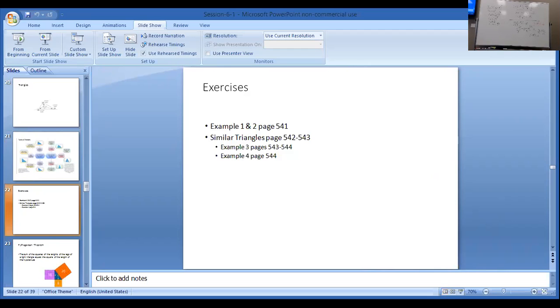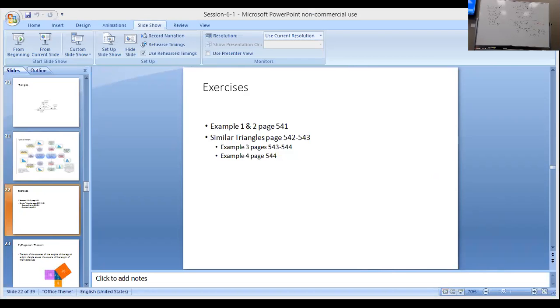These are very helpful. For example, in example number 4, we want to find the height of the lamppost. The guy who's standing in front of it is 6 feet. He's standing 10 feet from the lamppost, and his shadow is 4 more feet in front of it.